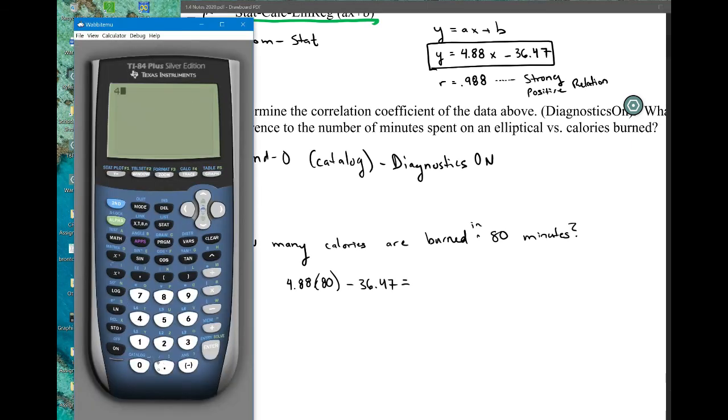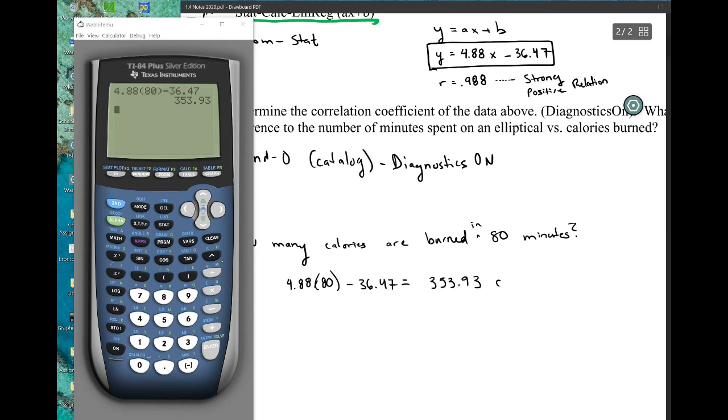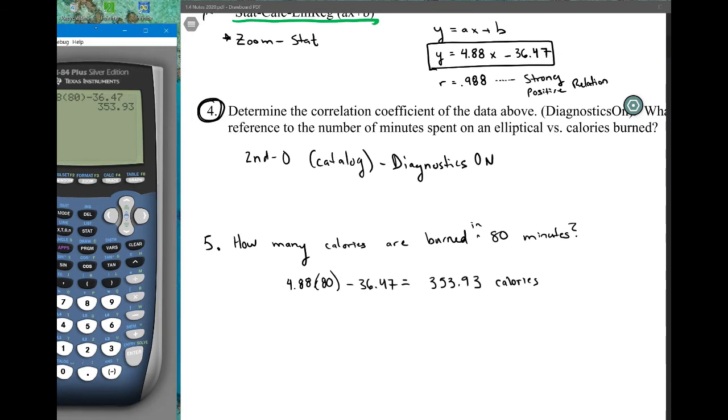And that would be about 353.93 calories. Yeah, you could round, it's no big deal. On the other end of the spectrum, maybe you're working out and you want to know how long it is going to take for you to burn off that donut or whatever you ate too much of. So, fun fact, I believe 1 pound is equal to 2,500 calories.